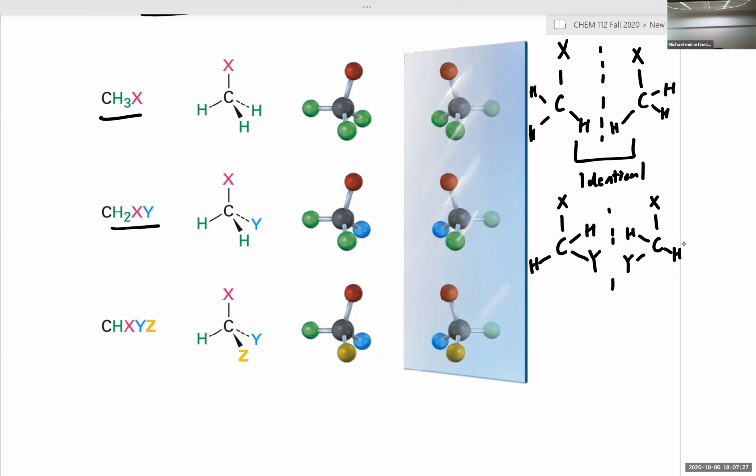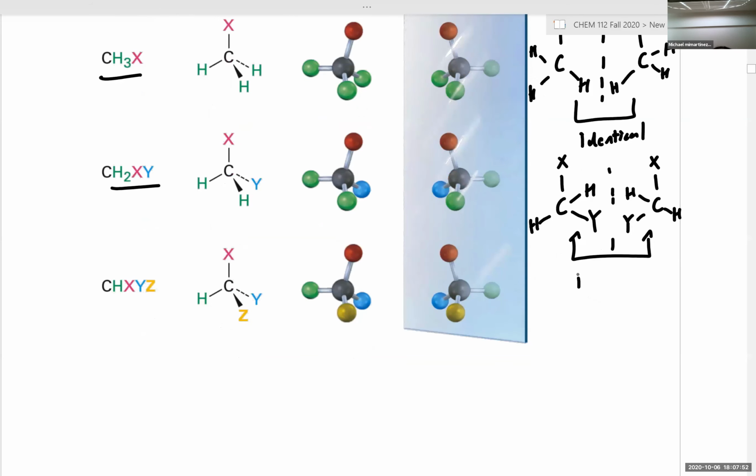What does everyone think? I see in the chat a lot of students are saying that they're the same. That's exactly right. Because this carbon does not have 4 unique substituents, when we tried to draw its mirror image, we notice that these two mirror images are representing identical compounds.